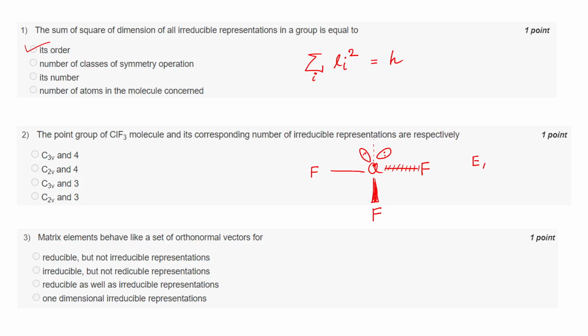No, not that. Actually, the lone pairs, I think they are on two different sides. If you think of it like this, then when you are rotating, these become this.